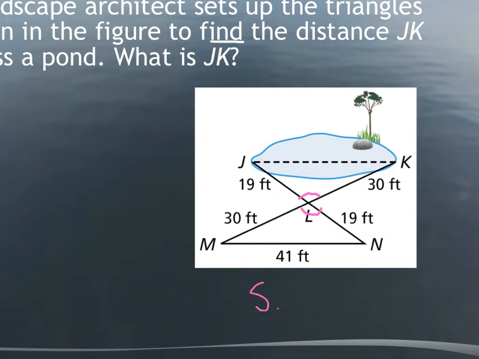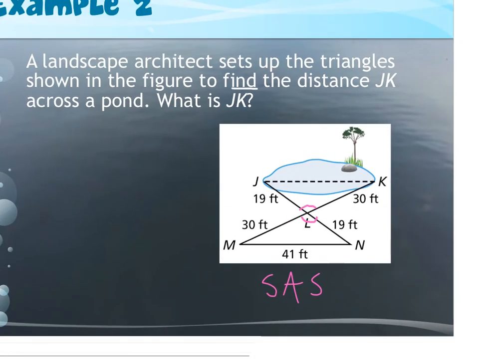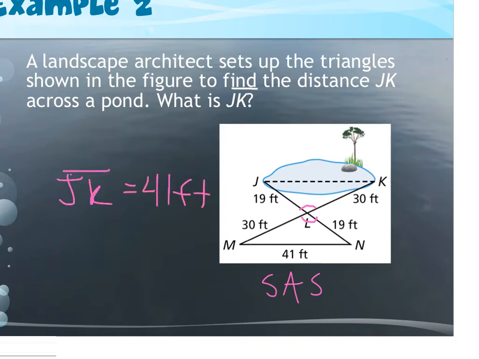SAS again. And then wouldn't it be 41 feet? So segment JK is 41 feet. Perfect, Allie. Because JK corresponds to MN, and MN is 41 feet. So JK is 41 feet also.